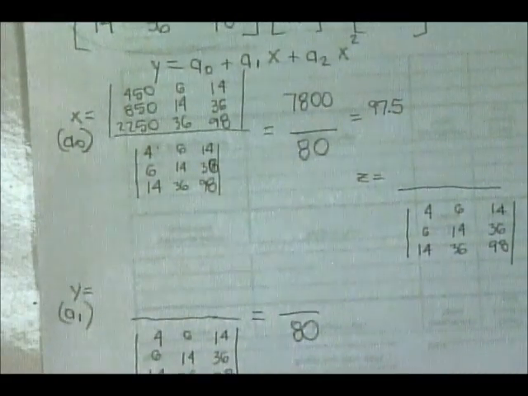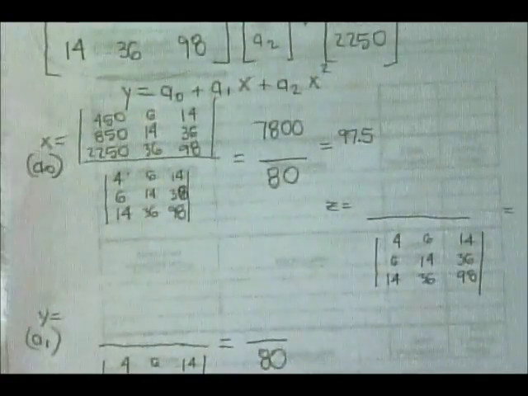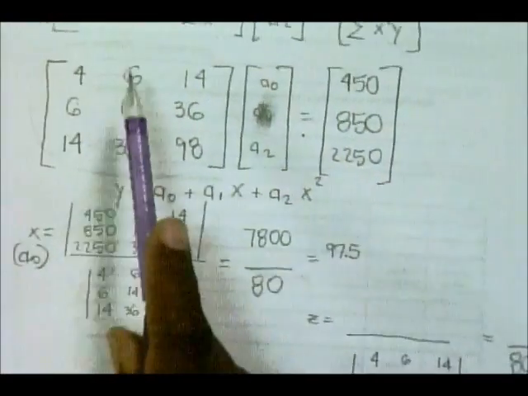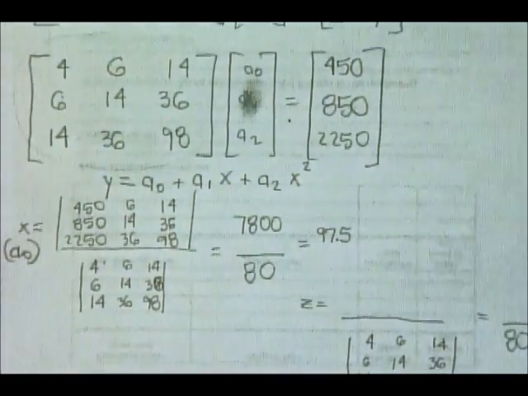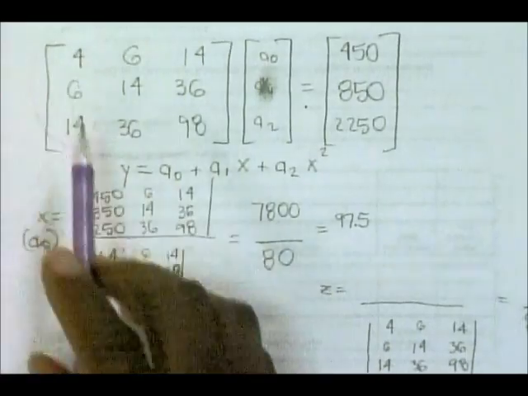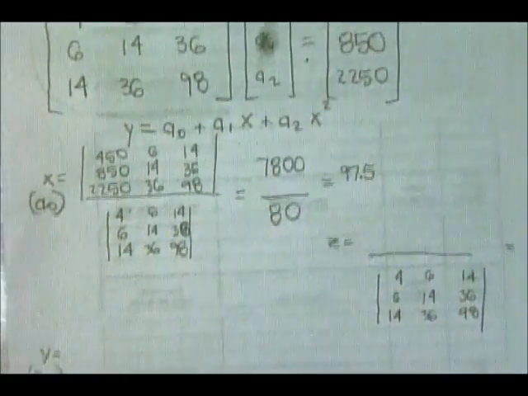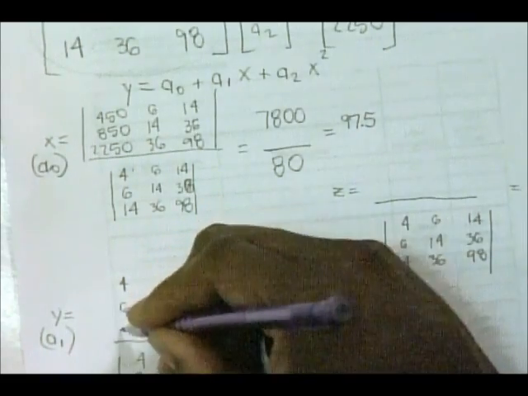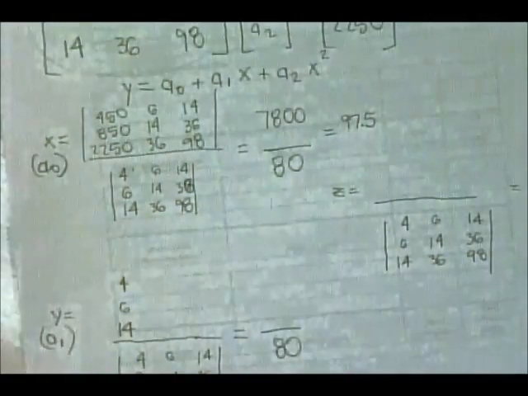So we're solving for y. Now what we're going to do is take these constants and substitute them in for 6, 14, 36, but everything else will remain the same. So we'll keep the 4, 6, 14. That remains the same.